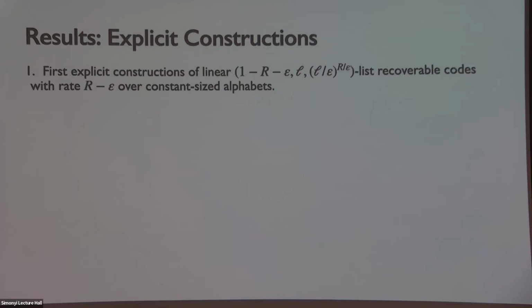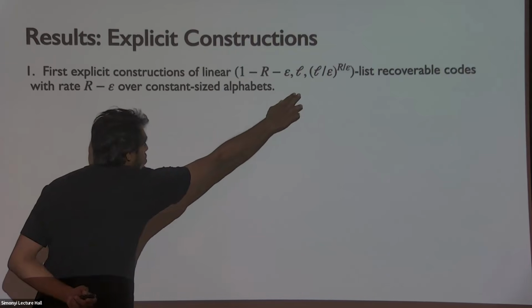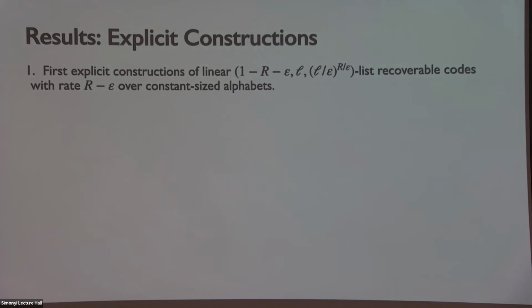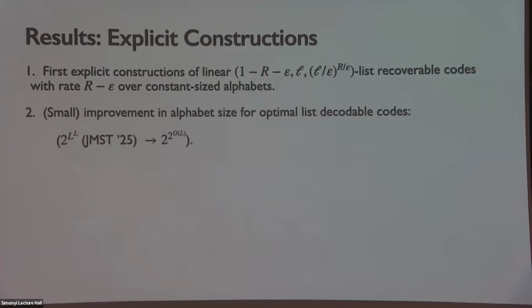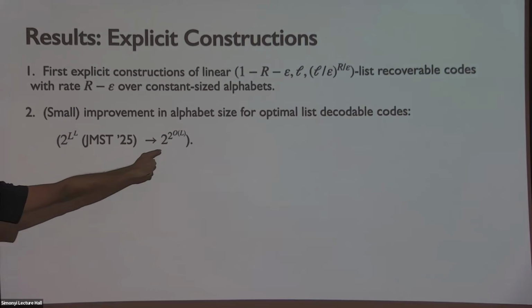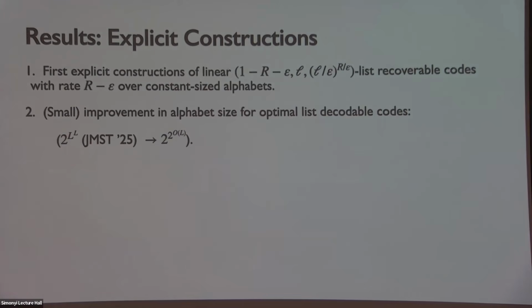And as I mentioned before, that bound could be tightened if someone tightens the bound on RLCs, the output list size bound. Okay. We also show a small improvement in the alphabet size for optimal list decodable codes. So Jeronimo, Mittal, Srivastava, and Tulsiani showed an alphabet size for list decodable codes of 2 raised to L raised to L. We get 2 raised to o of L. Small improvement. Any questions about this?